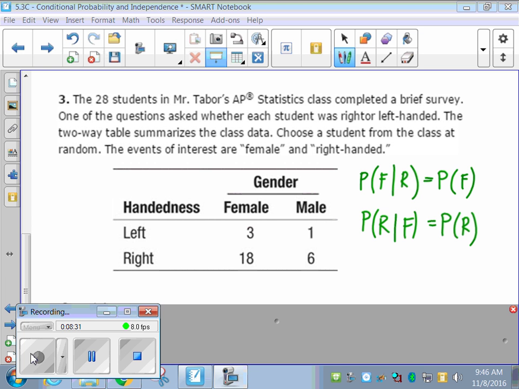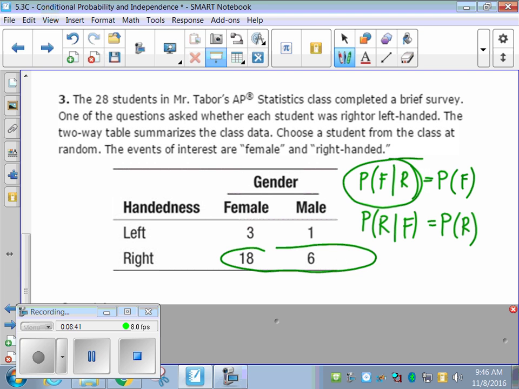You gotta find. Okay, how'd you get 18 over 24? So was that this one? Which one are you doing? This one? Okay, and this should be 24. So the probability that you're female given right-handed. So here's all our righties in the female section. So that's 18 out of 24. Okay, and then what'd you get for this one?